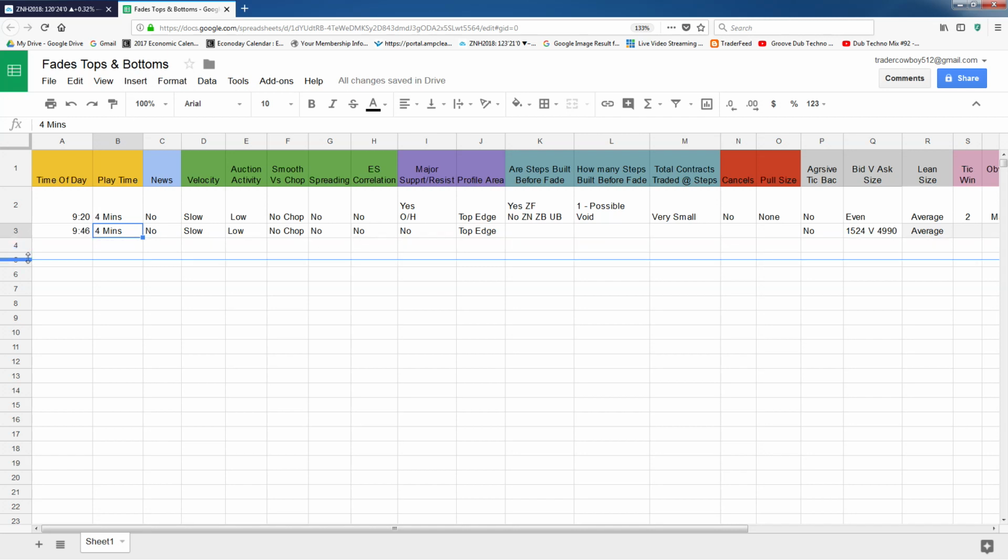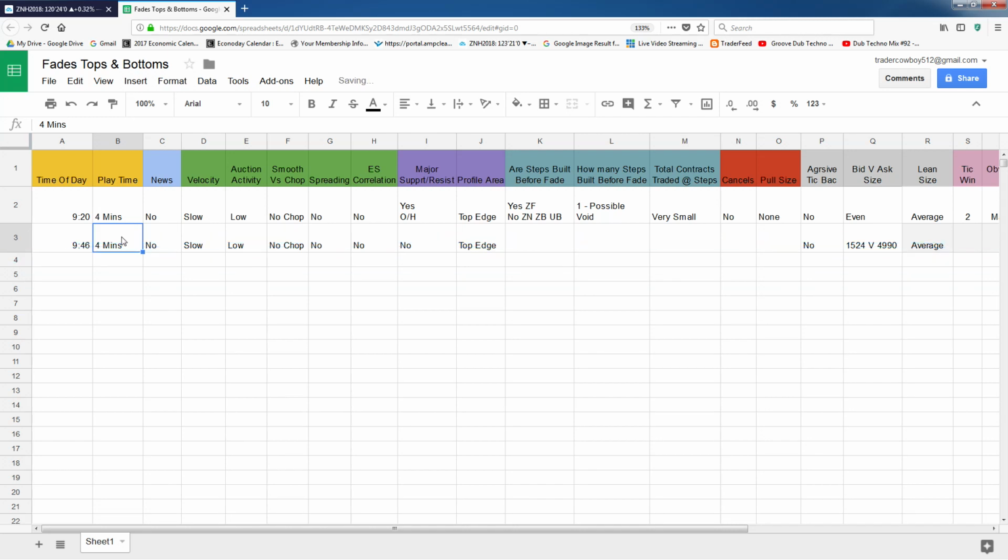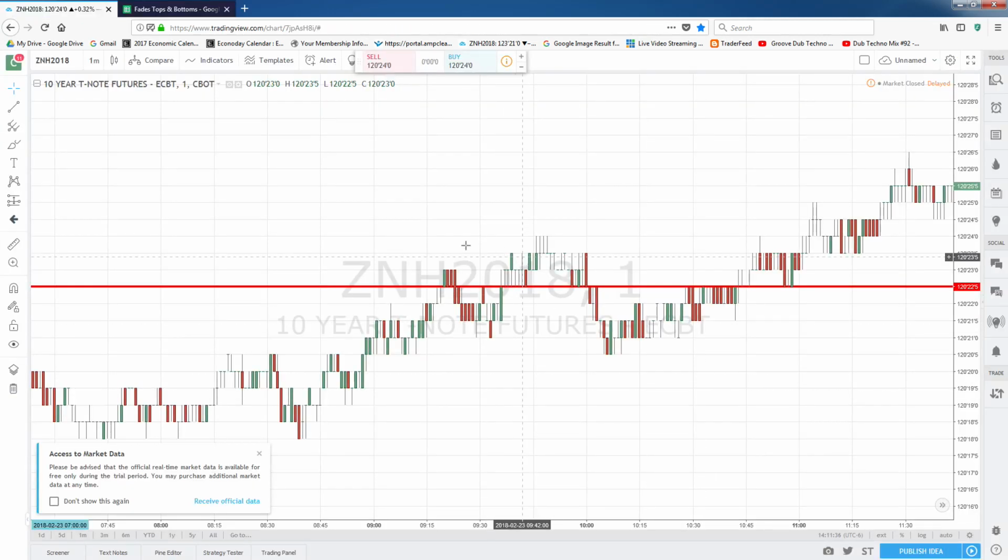I do want to spread this down because I do want to add an additional note to this playtime because for about 9:44 till 10 we stay at the price below, so 9:44 to 10, that's about 16 minutes, right?